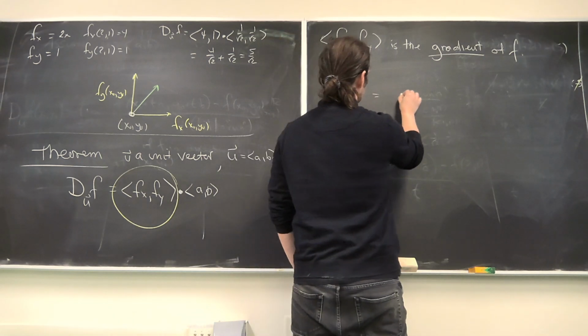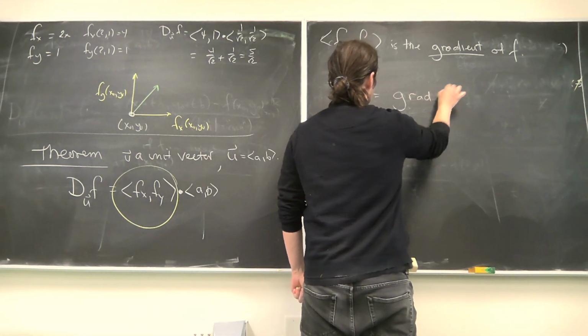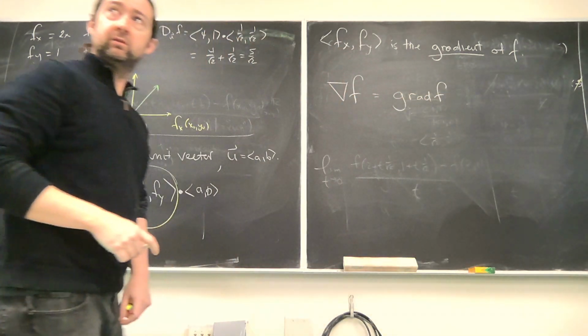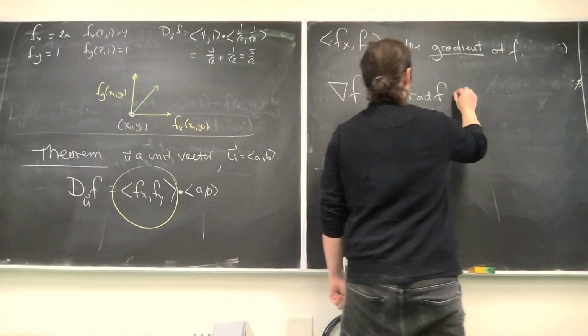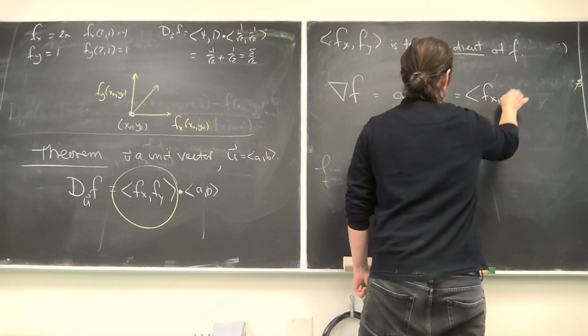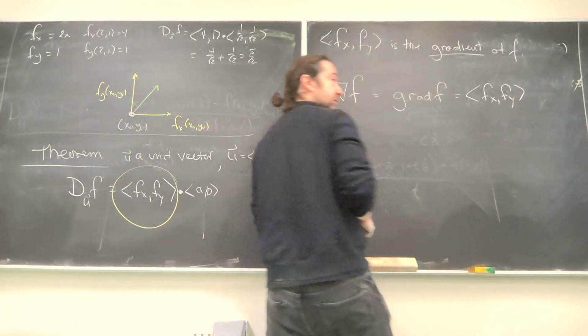In some books, you might see this written with an arrow over the f. Means the same thing. And that's just the vector of partial derivatives.